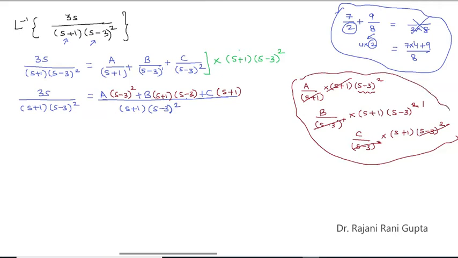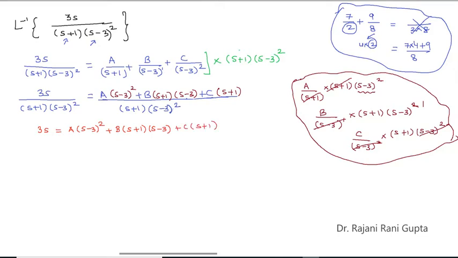If you are able to do it correctly by doing it directly, it's fine with me. Now compare the numerator of both sides. This gives you 3s equals A times s minus 3 square plus B times s plus 1 into s minus 3 plus C times s plus 1.